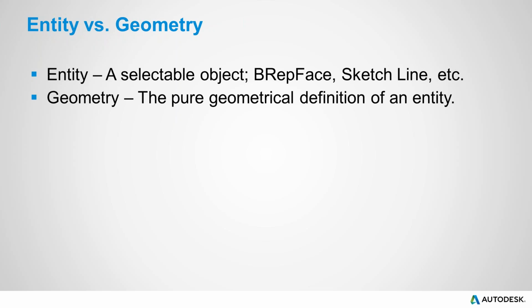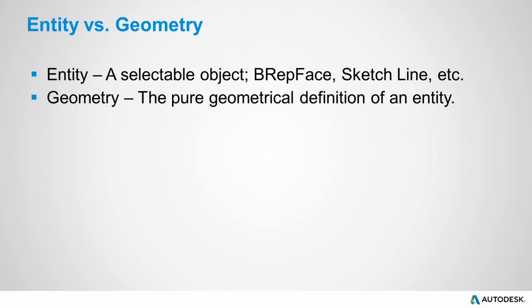And then geometry is just the pure geometrical definition. We looked at a picture earlier of that body that had some planar faces and a cylindrical face. If I ask a face, there's a property on a face called geometry, and if I call that, I get back an object that defines that geometry.